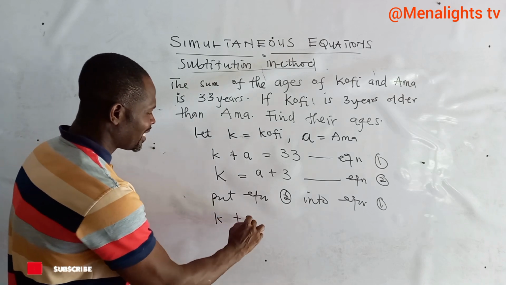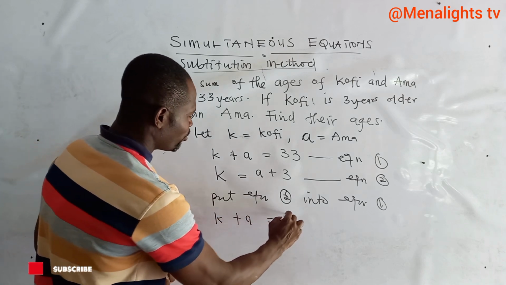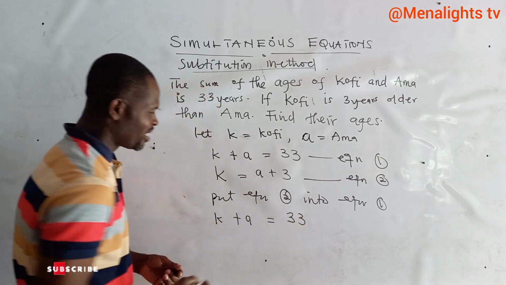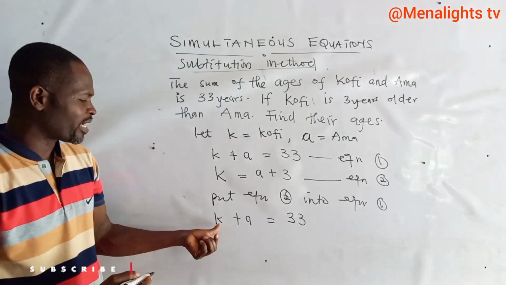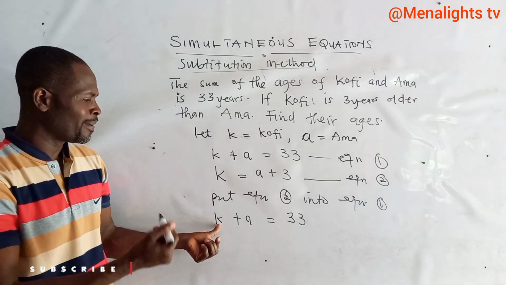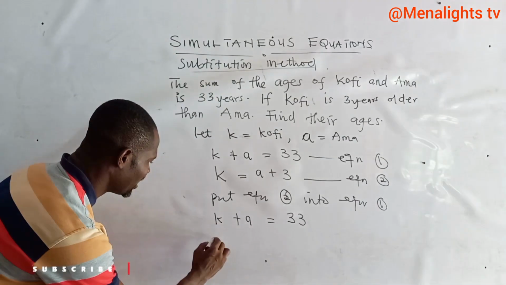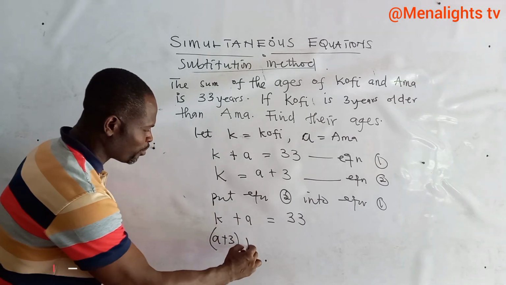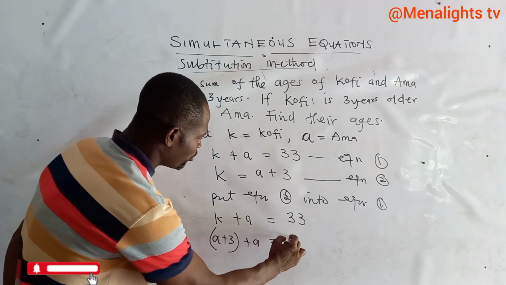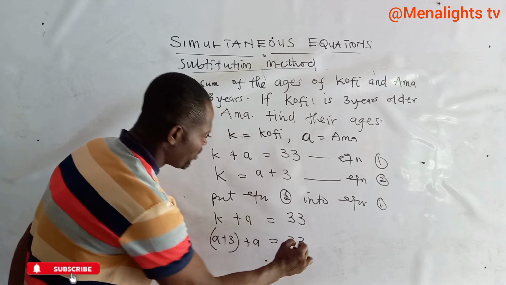k plus a is equal to 33. Now we have our k, which is a plus 3. So in place of k here, we are putting the a plus 3. So here we have a plus 3, plus the a that we have here, which is equal to 33.